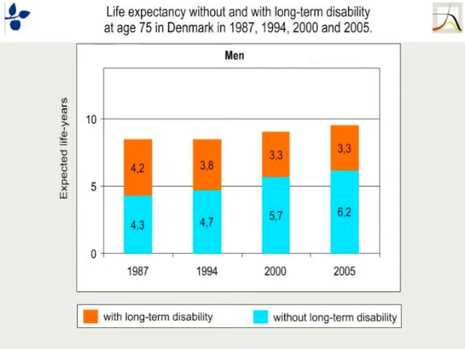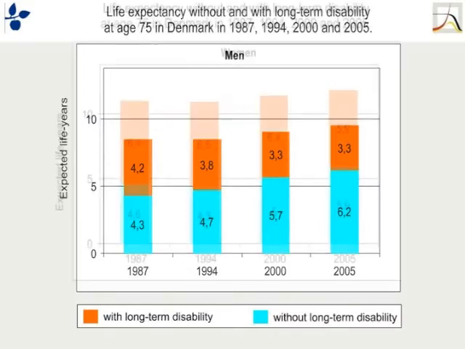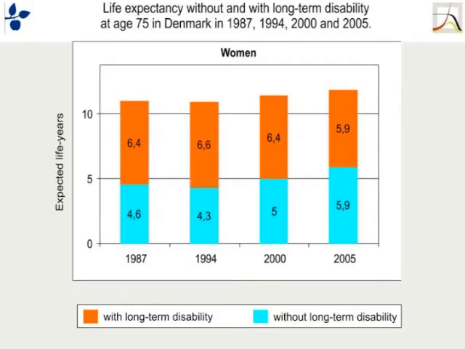The men live shorter than the women, but the men spend fewer years in a disabled state. Look at 2005. The men have 6.2 years of life without long-term disability, whereas the women only have 5.9 years. So the women live longer at 65, but the extra years of life are years of disability.